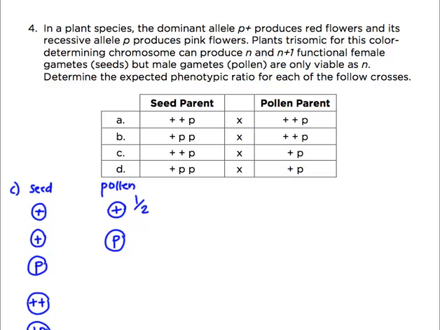Now the probability is 1/2 for each of these gametes, but these are still 1/6. So now instead of 1 out of 18th for the offspring, it's going to be 1 out of 12.